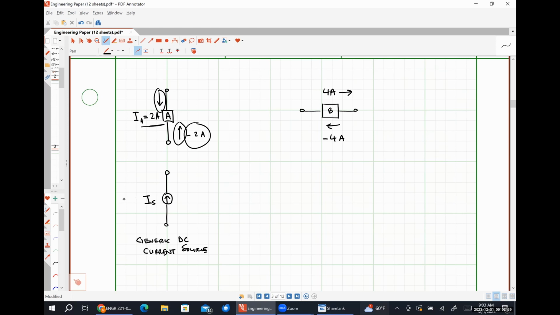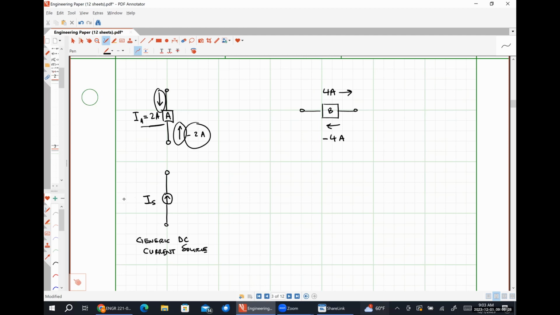So all a current source really is, is a simple transistor circuit, and we're just modeling this complicated nonlinear circuit by a simple ideal current source. We're never going to be able to just go to the store and buy one of these, but it is a valid model that we're going to be using throughout our electrical engineering career. So I just wanted to put that out there.